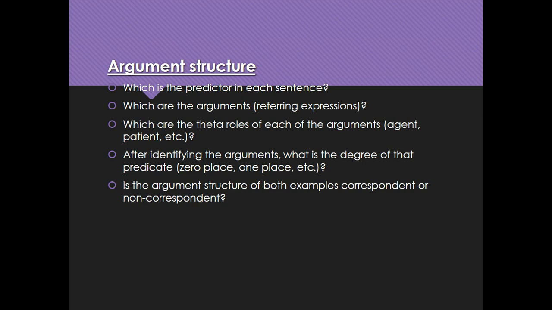If you have a similar predicator of the same type, for example, if they are verbal, non-verbal, if the predicator selects the same number of arguments, okay, and that of course leads us to the degree of the predicate, and if the arguments perform the same theta roles or not. So based on that, you can state if you think they are cases of correspondence or not, okay? So this is it as to the guidelines.